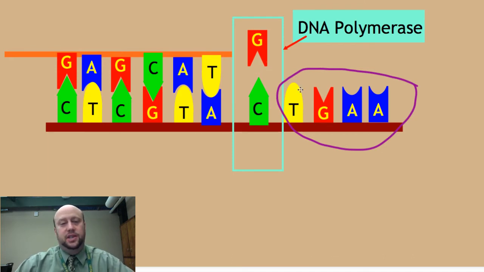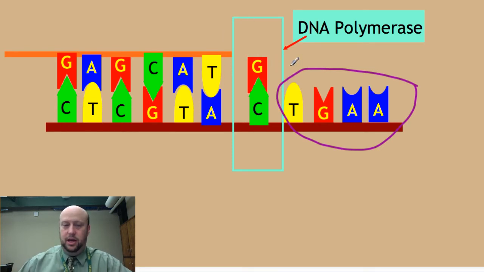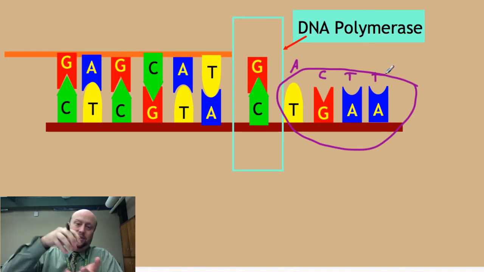It's easy to tell, and this works beautifully because there's only one possibility. If this is a C, then what matches has to be a G. This is a T, so what's going to have to match here? Exactly, that's going to have to be an A, and that's going to have to be a C, and a T, and a T. It is going to be able to tell because nothing else will line up there.